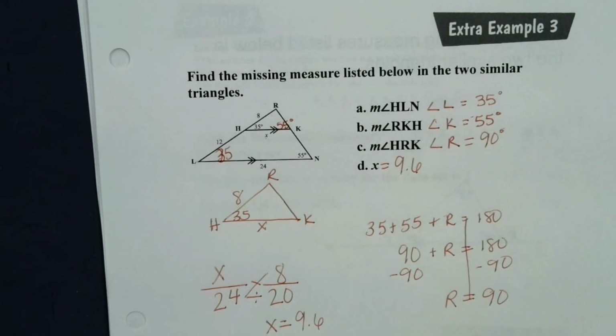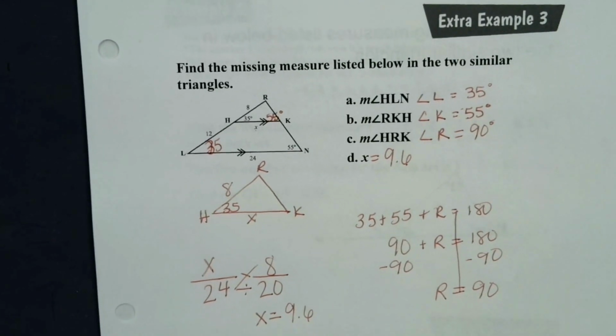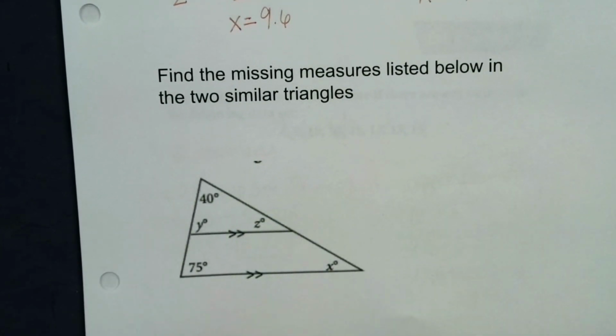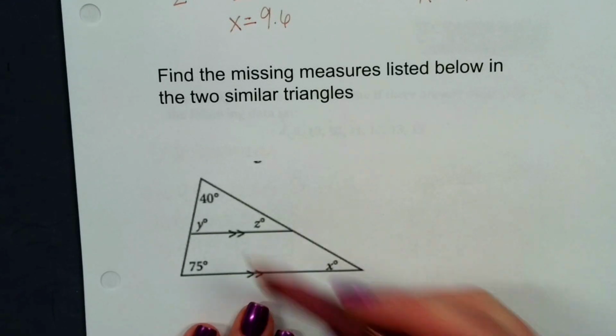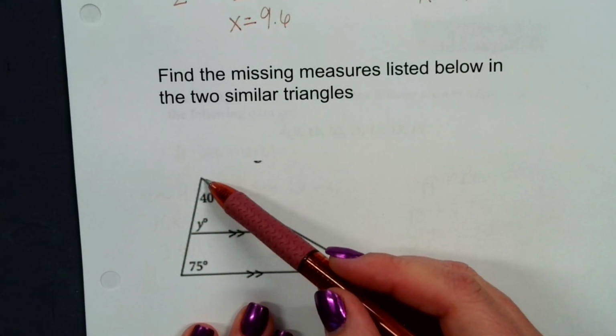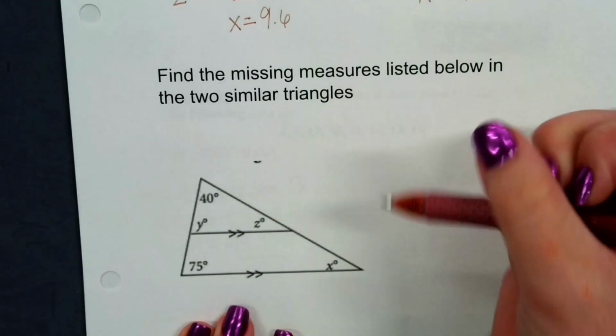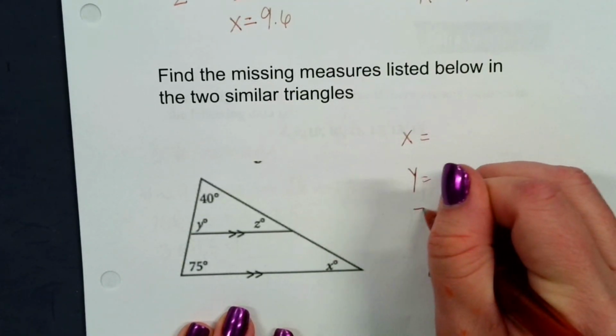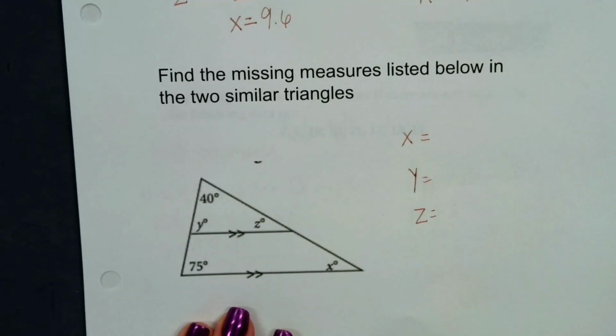Okay. Let's take a look at this one. This one I'm only having you find angle measures. So you have this and this triangle. I want you to find x, y, z. It's only angle measures.